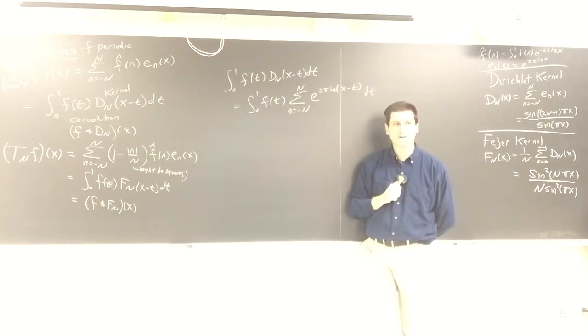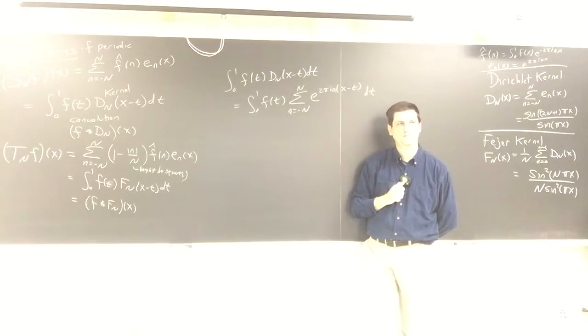What would I love to do right now? I'd love to interchange the orders. Am I allowed to interchange the orders? So can I interchange the orders of summation and integration? What do you think?